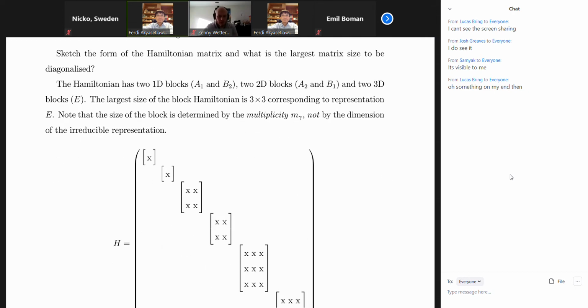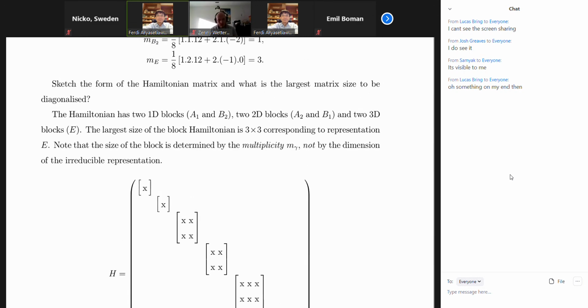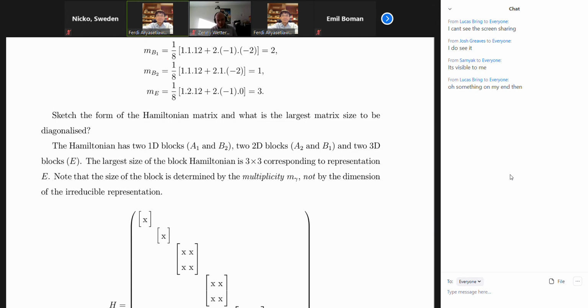So now comes the more tricky part. We are asked here to sketch the Hamiltonian matrix, and we are supposed to figure out the largest block matrix size that we have to diagonalize. So what is this about?